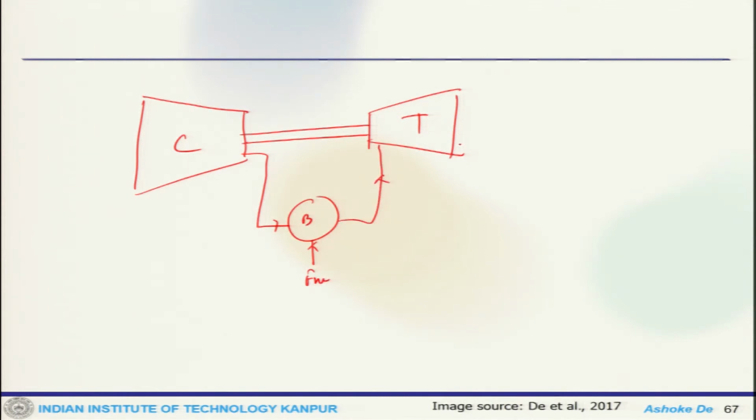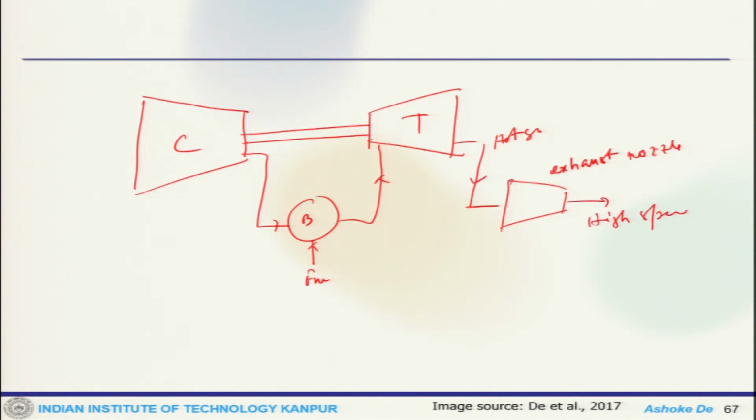This is your burner, and this comes and goes through some exhaust nozzle. This is the hot gas. So, then finally, we get high speed exhaust gas. This is a schematic of a turbojet system.